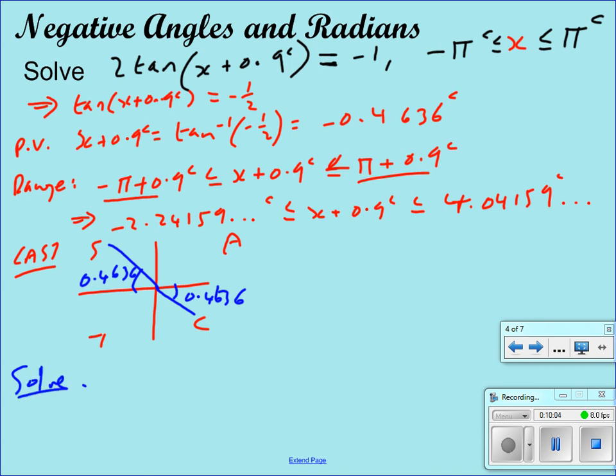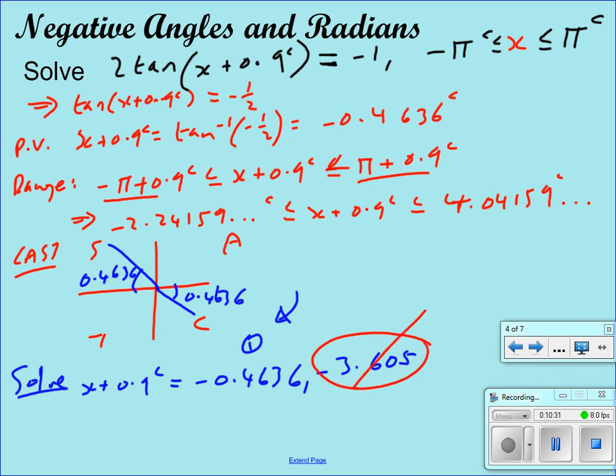So I've got x plus 0.9 radians equals, if you go in this clockwise direction as we started with, minus 0.4636 as our first solution, and our second solution is minus pi minus 0.4636, which gives me minus 3.605. But this is too small. It's not in our range, so I disregard.